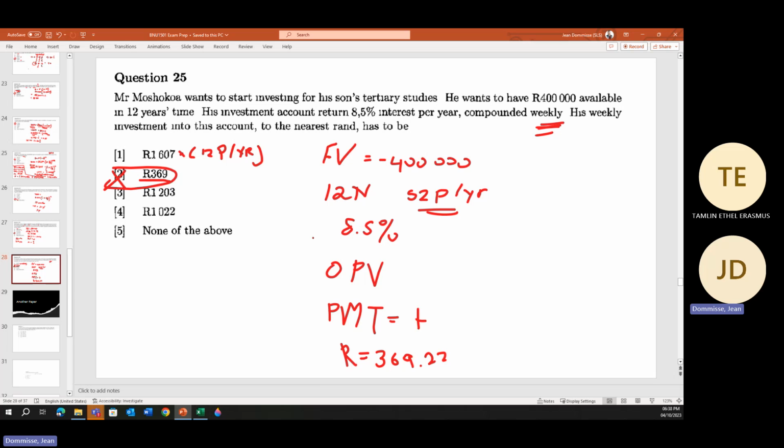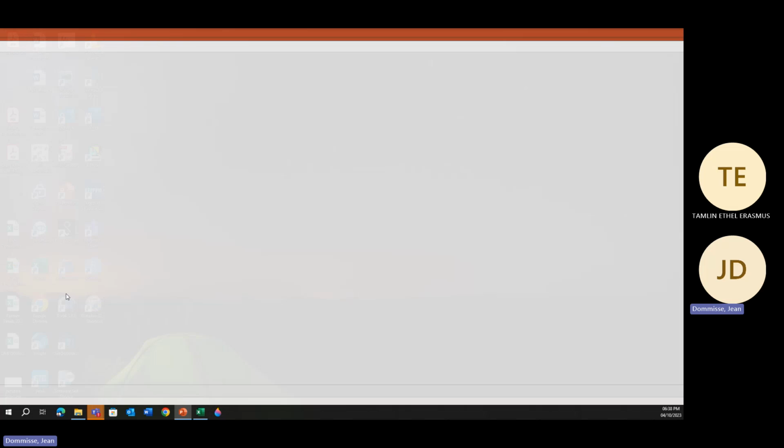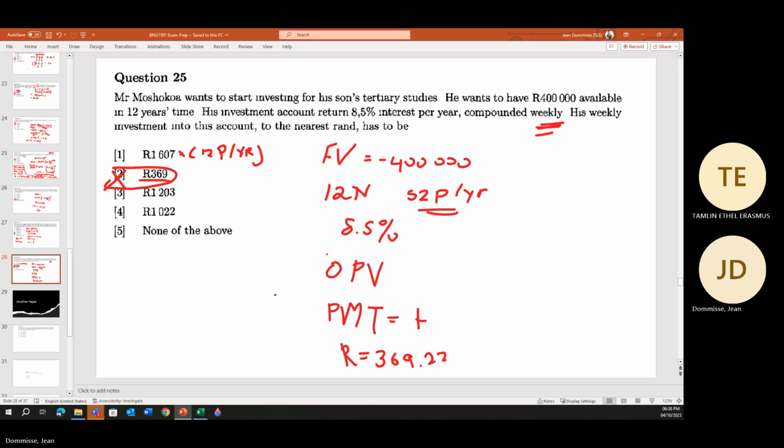In this instance, I knew that my present value is 0. So again, to make sure that one of the previous questions doesn't still have some info in there, I make it 0 from the start, so that you don't get a problem in your answer.